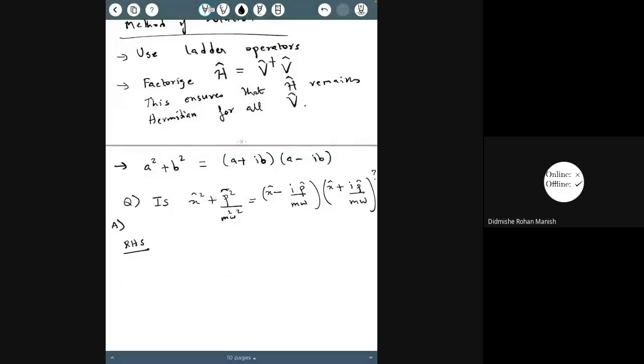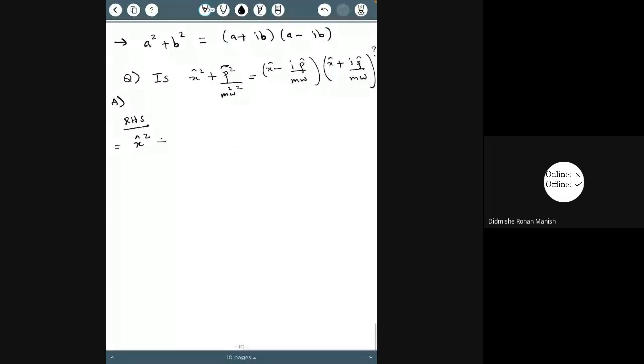What do we have? If we open it out, being careful of the order in which the operators appear, we have x squared, then p squared by m squared omega squared. Those are fine.